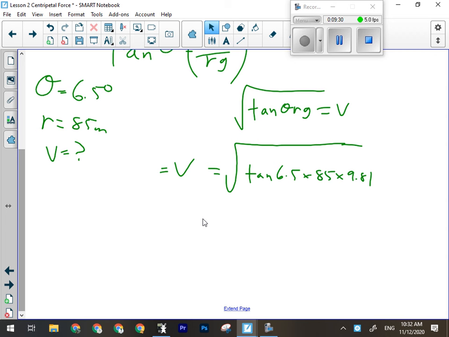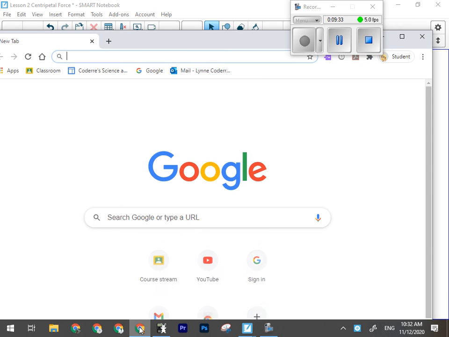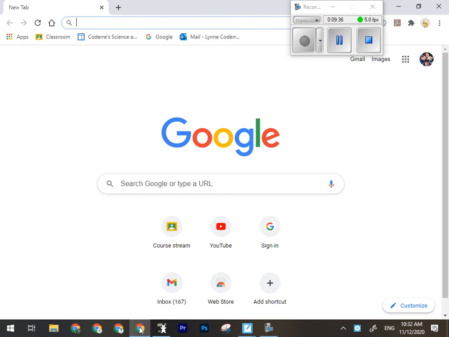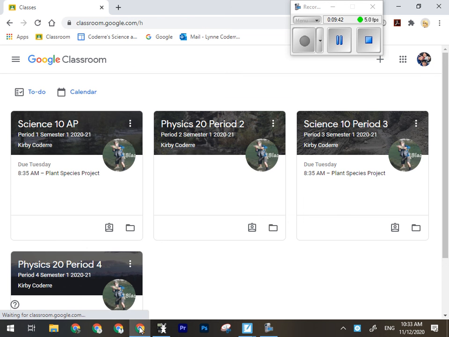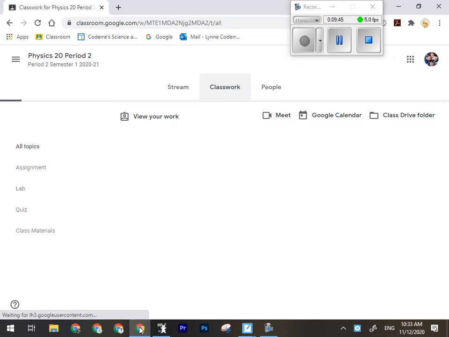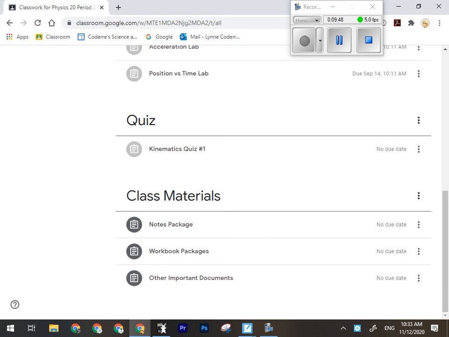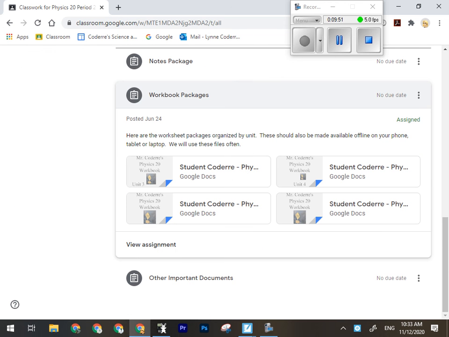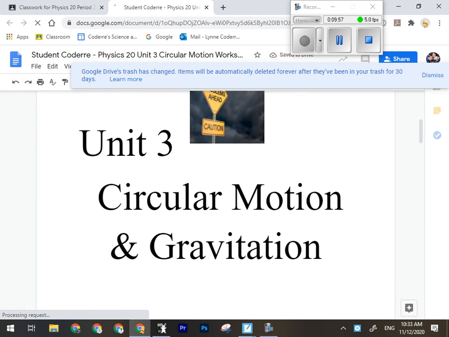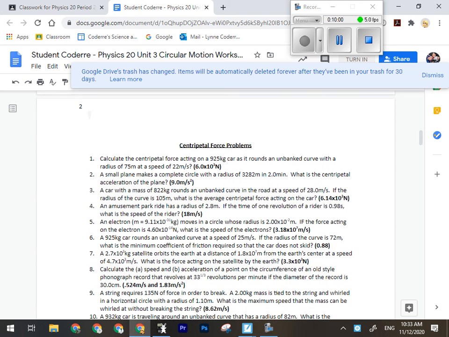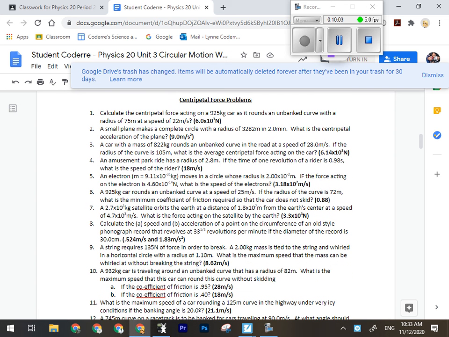All right, so out of your workbook, you're working on just page number 2 here, guys, centripetal force problems. The answers are in brackets in bold after each question, so you can check as you go. Some are banked curves, some are unbanked curves.